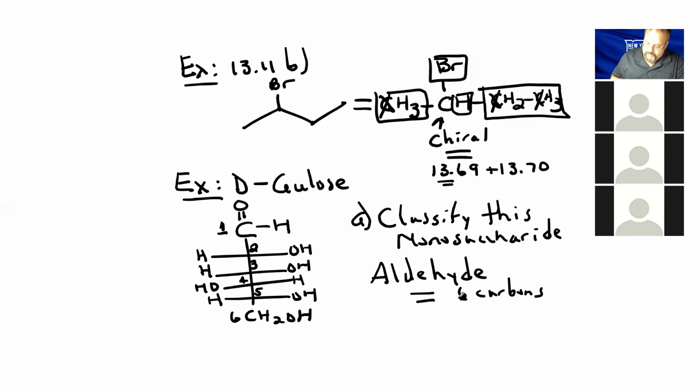How would you classify this monosaccharide? You would classify it as an aldohexose. Okay. So that you should definitely be able to do. You should be able to look at this structure and classify it as an aldohexose. Okay. So let's redraw.